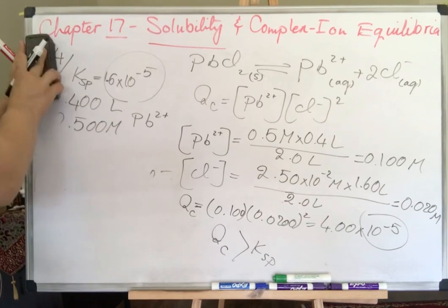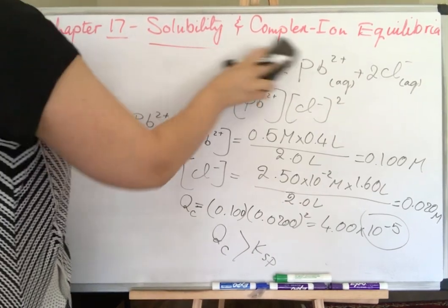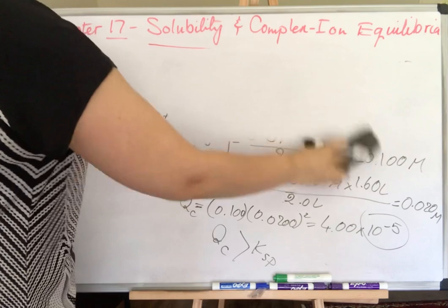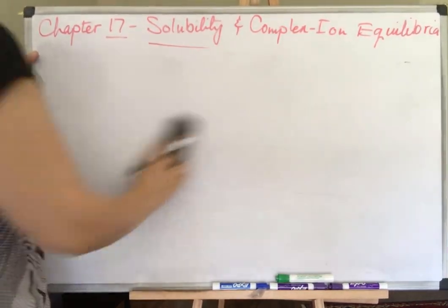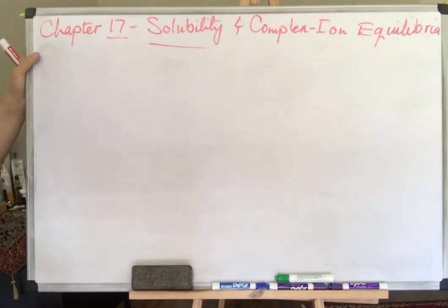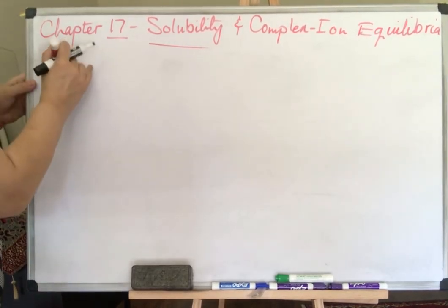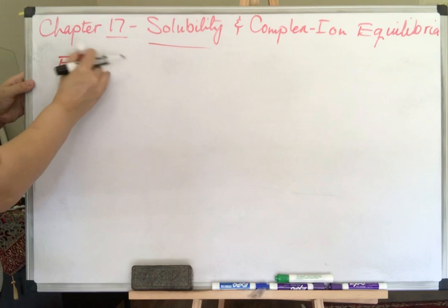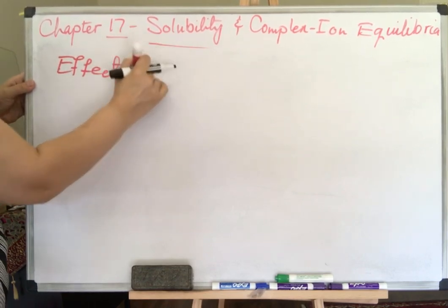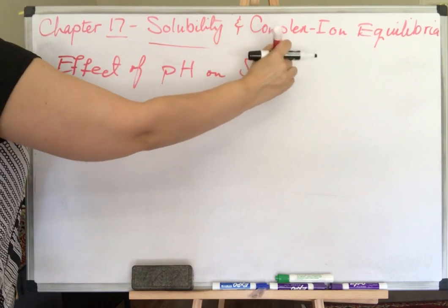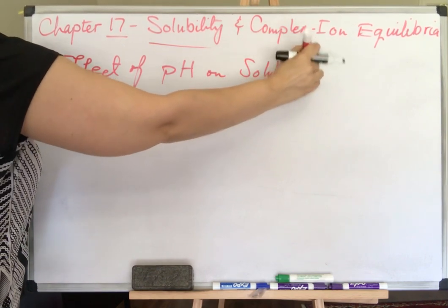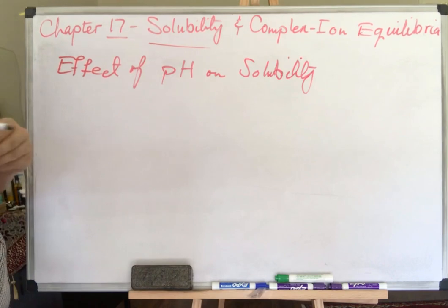The last thing you need to know in this chapter is the effect of pH on the solubility. What happens if you add some acid to a salt which is not very soluble? And it's easy.